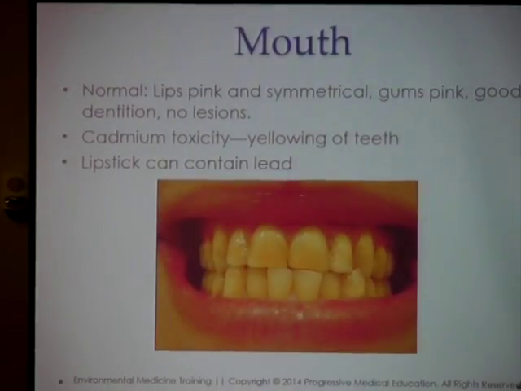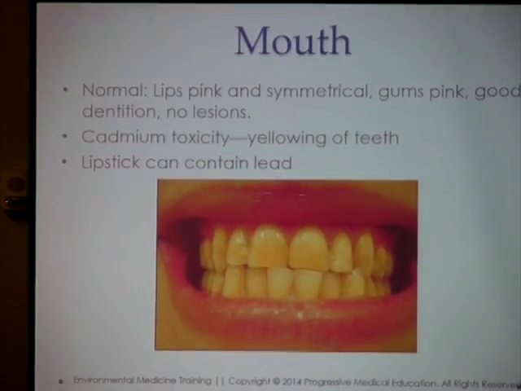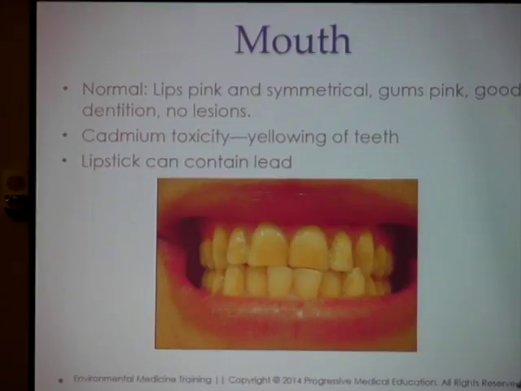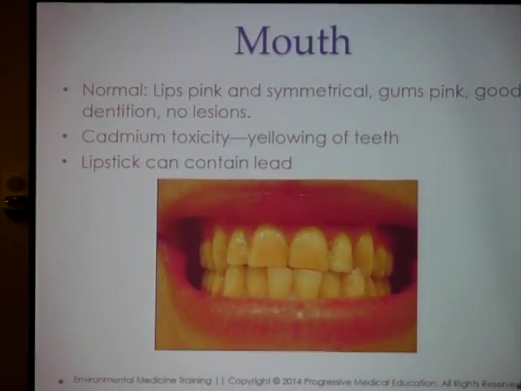Then go through the mouth. If we look at someone's teeth, the dentists in the room know that each of the teeth correlates with a certain organ function, and so decay or infection in certain teeth can affect other body parts.